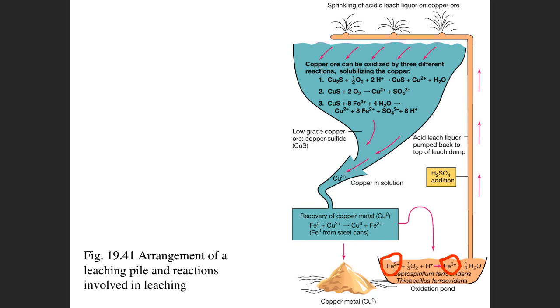Then they have reactions, and the iron from the steel gets replaced through a redox reaction. Oxidation and reduction, a reminder to review your chemistry reactions. So now the copper becomes the metal, and the iron becomes the ferrous ion. Okay, so that's that black pile.